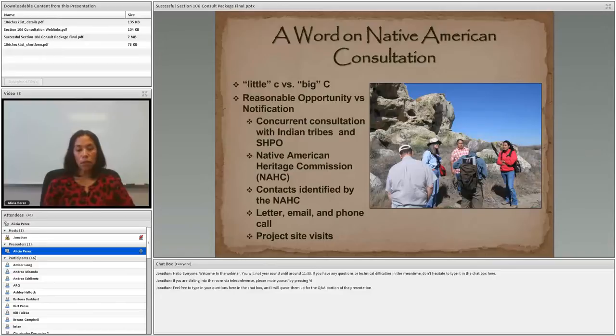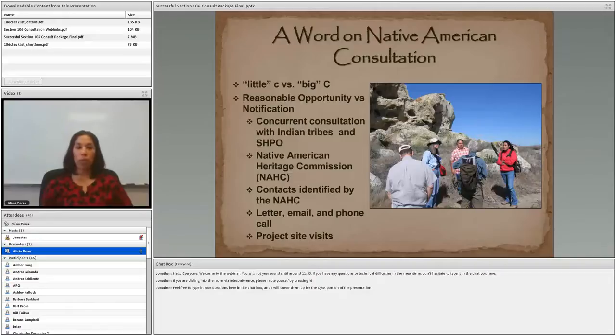So I'd like to also kind of go over what little c versus big C means. So it's completely fine for the consultant to conduct Native American consultation, the applicant to send letters, follow up emails, phone calls. But once a federally recognized tribe requests government-to-government consultation, also known as Big C, the lead federal agency must consult with that federally recognized tribe.